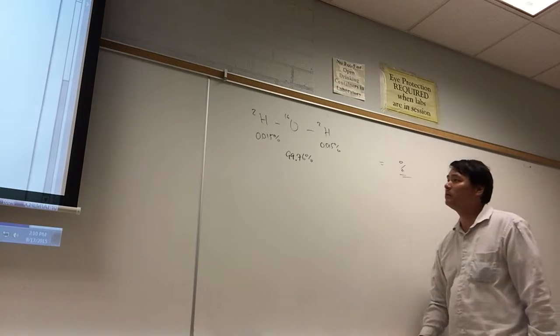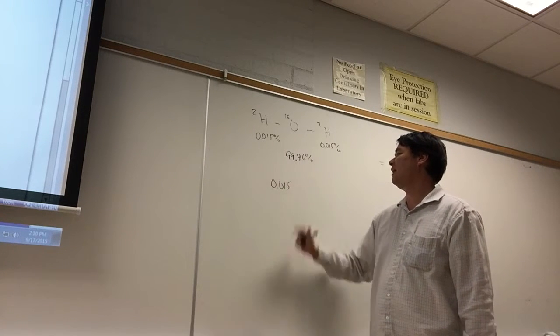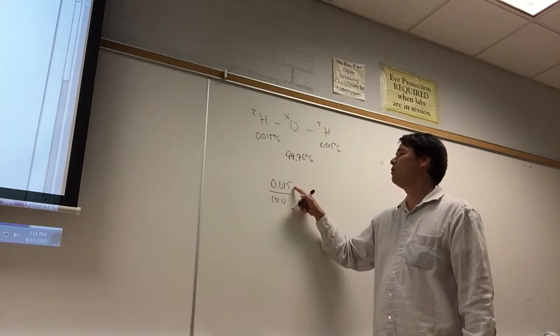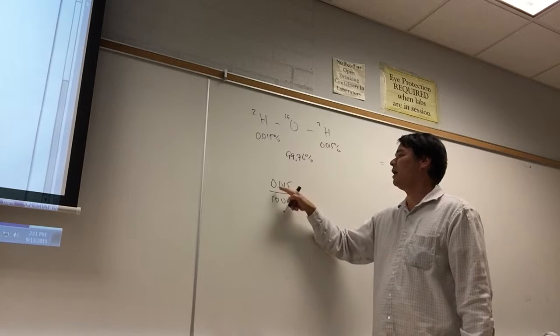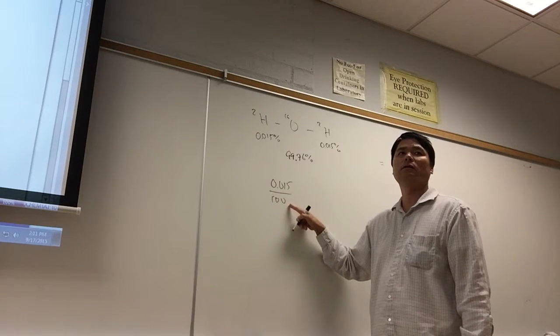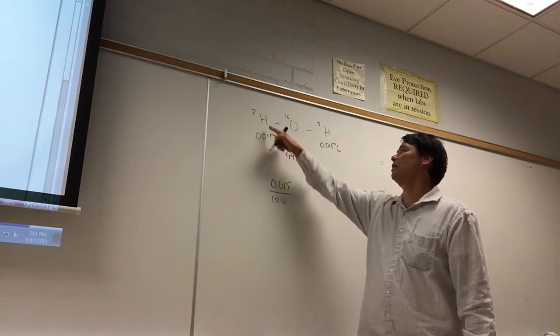A lot of people were doing this, right? For example, they did 0.015. This is the problem: 0.015 out of 100. So 0.015, or 15 out of, we'll move it three over, 15 out of 100,000 is the same as 0.015 out of 100. 15 out of 100,000 are H2s.